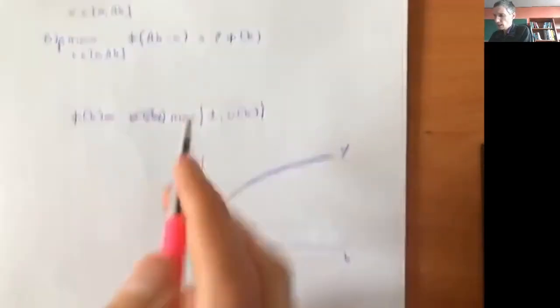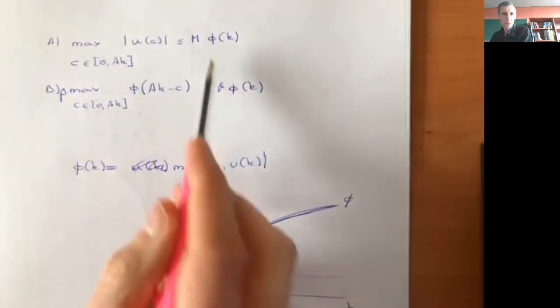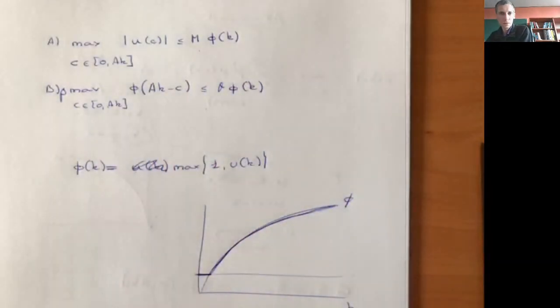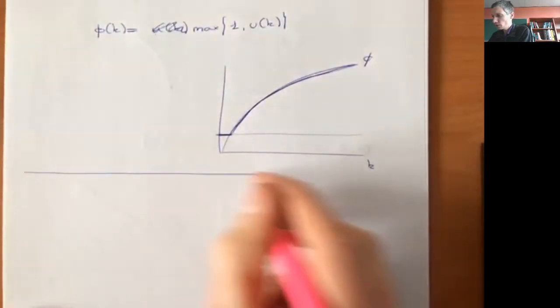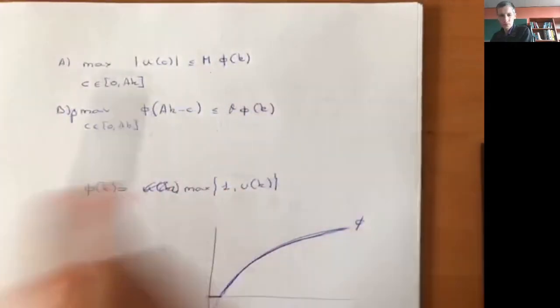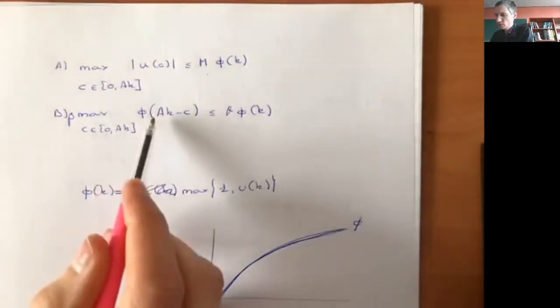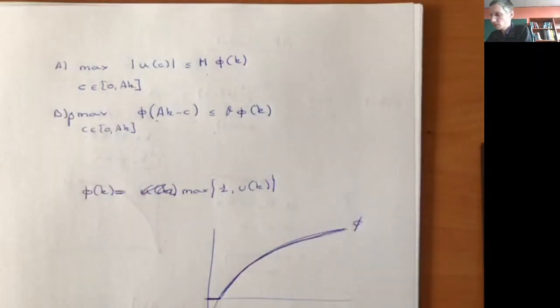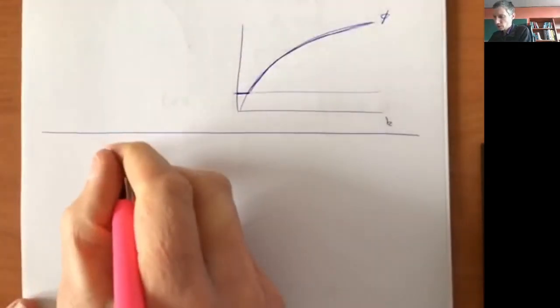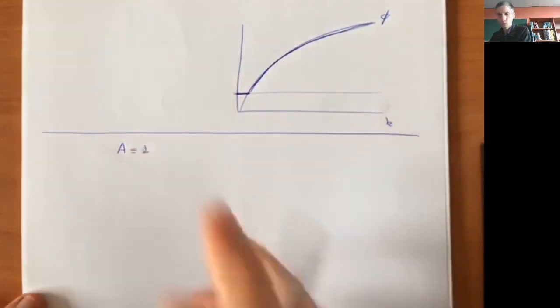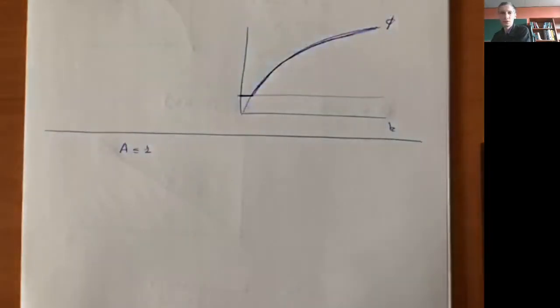And I have to show that this satisfies both this and this condition. As it will turn out, whether these conditions are satisfied crucially depends on the parameter a that we said is non-negative, but we haven't said anything else. So let's first take the case where a is smaller or equal to 1, because this is the easier one.